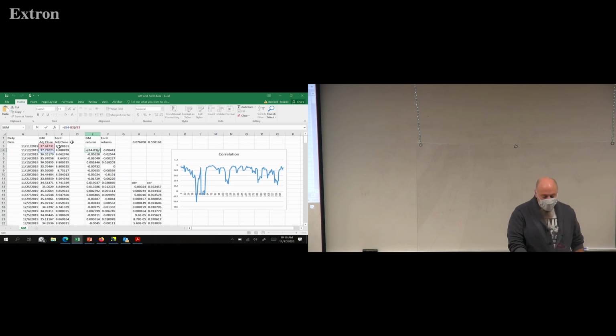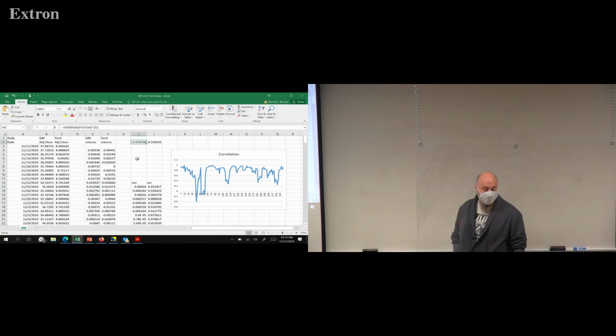GM on the 12th is $37.70, and on the day before it was 37.80. Subtract, divide by the 37.84 you put in, and I get that negative return. So I've got all the daily returns for those two stocks. If I take the annualized average of the returns, I'm getting the drift rate of GM and the drift rate of Ford.